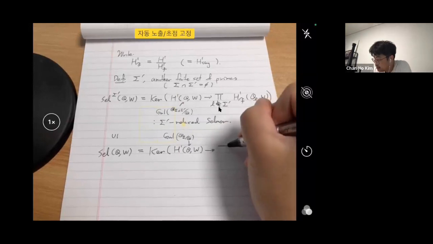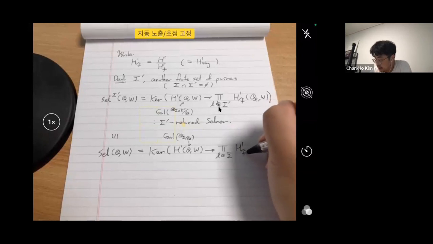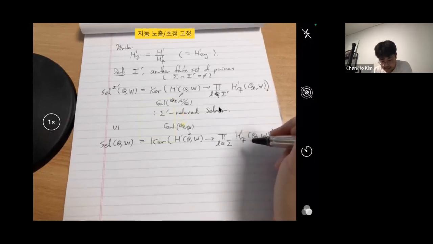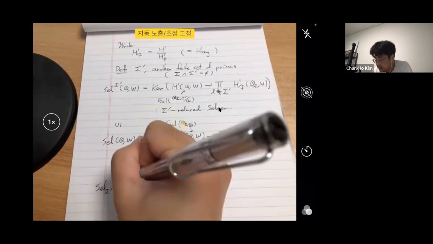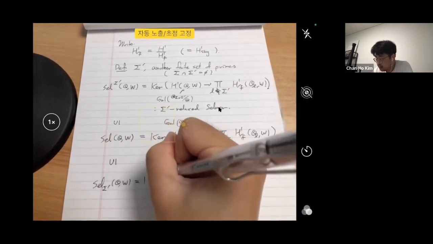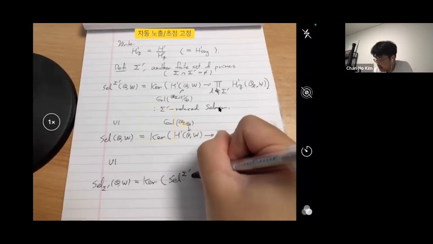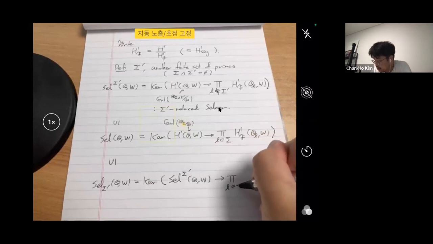And also, in the opposite case, we consider sigma-prime strict Selmer groups. Here is the kernel of the relaxed Selmer, but we put the strict local condition here.